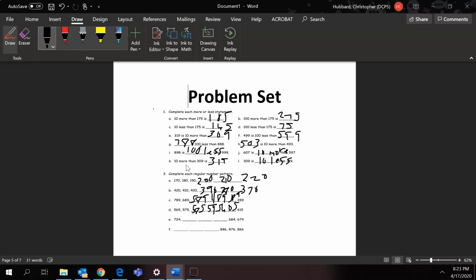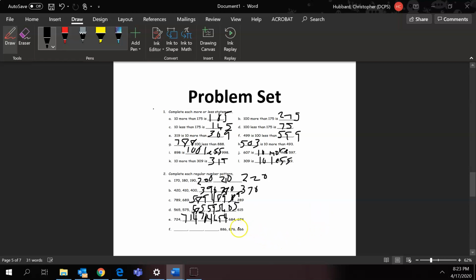So in this case, it's probably easier to start from this side because we can see what the pattern is by looking over here. 674, 684, 694, 704, 714, and then 724.